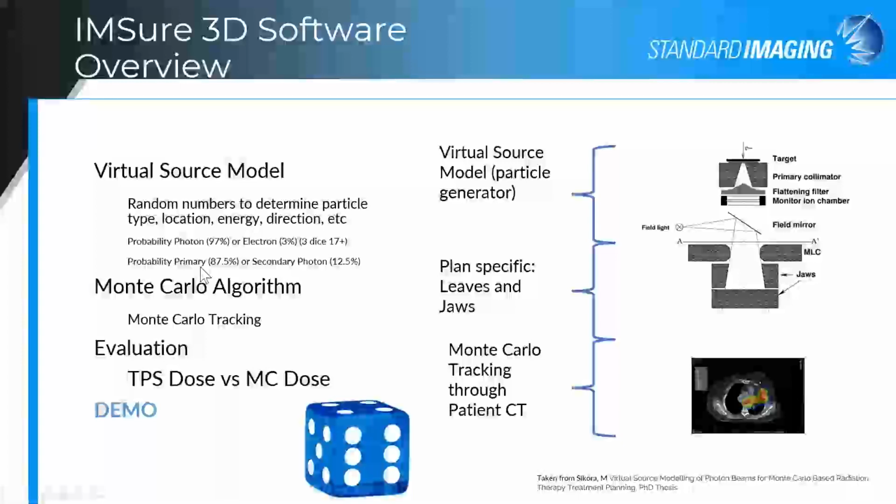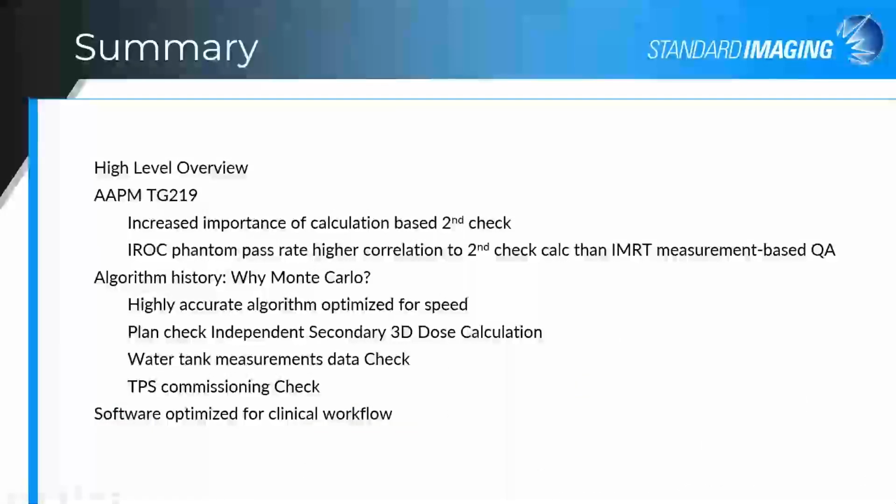And just to summarize for a brief moment, I went over a high-level overview, provided some excerpts from AAPM TG 219 that ask you to consider in particular the increased importance of calculation-based second check, and shared information that IROC phantom pass rate has a higher correlation to second check calc than IMRT measurement-based QA.